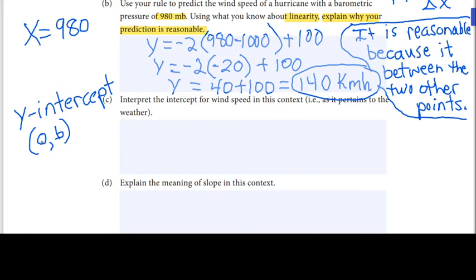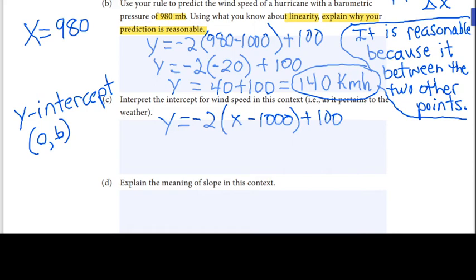So if I can plug in x to be 0 into my equation, I can figure out what the b value is going to be. All right? So if I go up and use this equation one more time, y equals -2 times, and this right here would be the x value, x minus 1,000, plus 100.